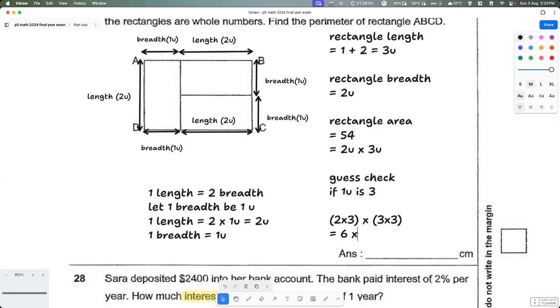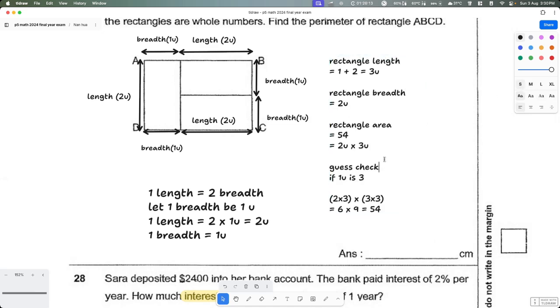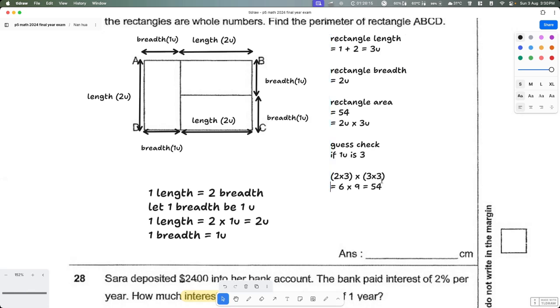So 6 times 9, which is 54. So that means 1 unit is 3.